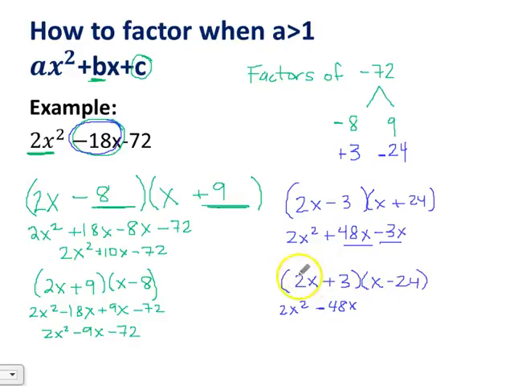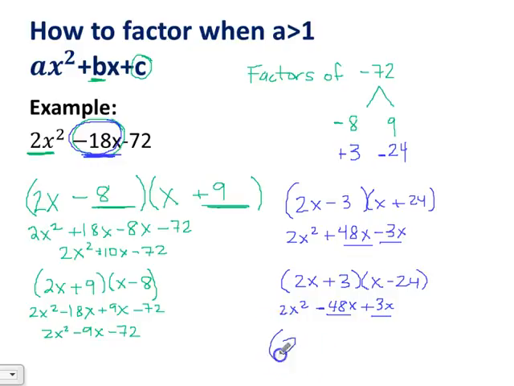And then we've got plus 3x. So right away I'm looking at my x terms, and when I combine those, negative 48 plus 3 is negative 45. It doesn't give us that negative 18, so we need to try again.